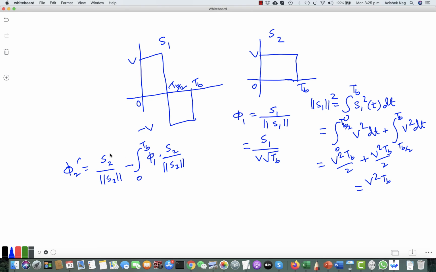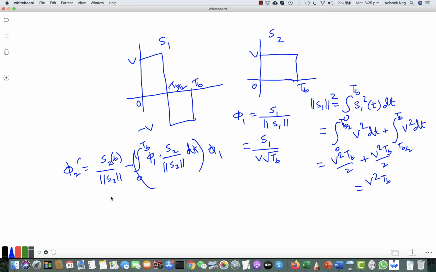Note that I am omitting the t within the parentheses, but you may or may not have it. The main point is that you have to appreciate that they are the same. So the time domain functions are represented as vectors. And then the whole thing is multiplied by phi 1.